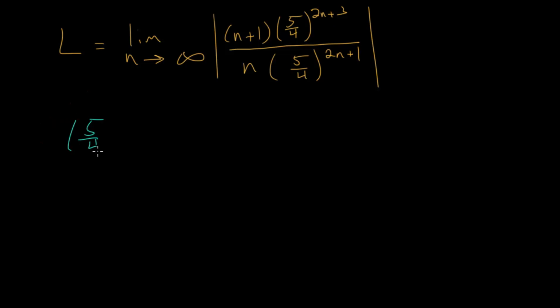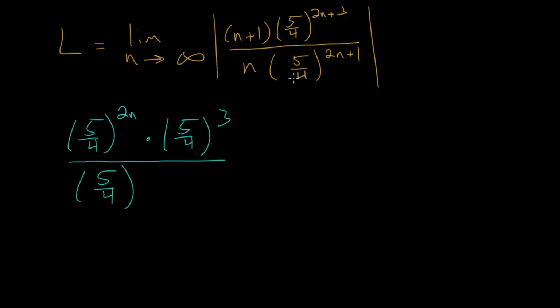This 5 over 4 is raised to the 2n power, but we can multiply this by 5 over 4 to the 3rd power. With exponent properties, we can just add the exponents since we have the same base. And we're dividing by 5 over 4 to the 2n power multiplied by 5 over 4 to the 1st power.